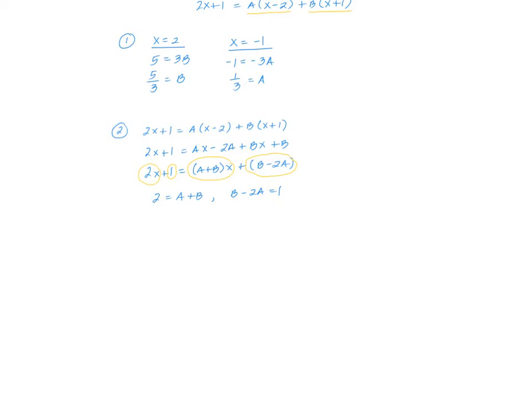What I see right away is in this second equation, if I add 2a to both sides, and there's many ways you could solve this, I get b equals 2a plus 1.